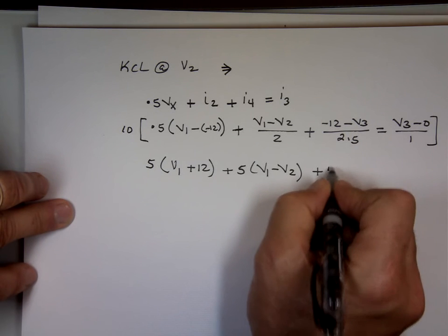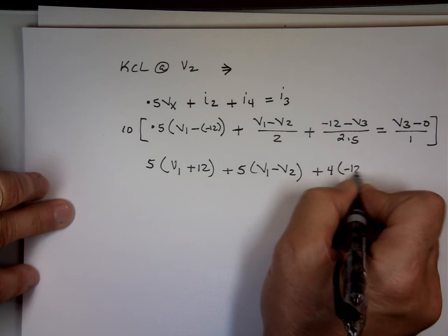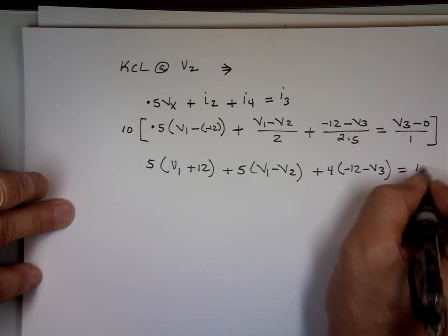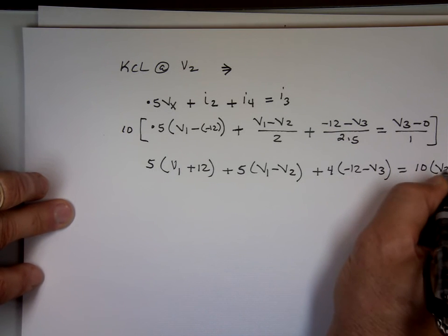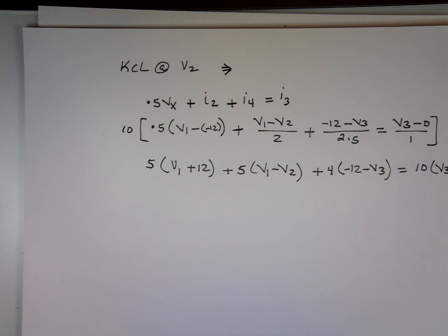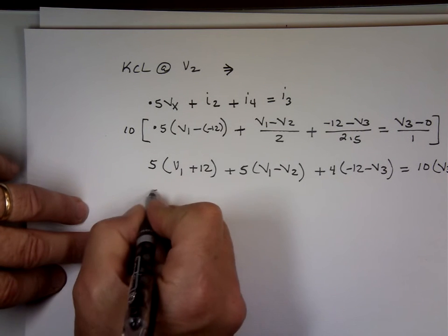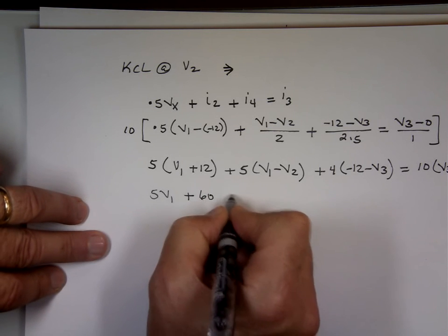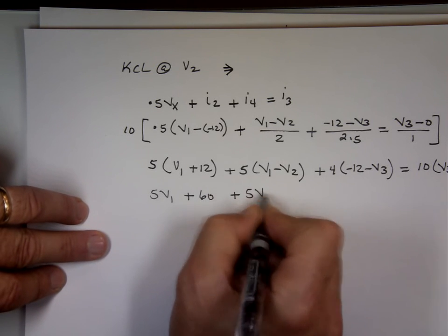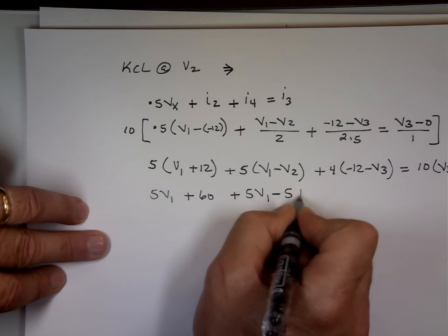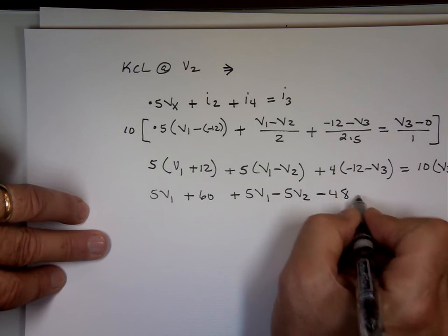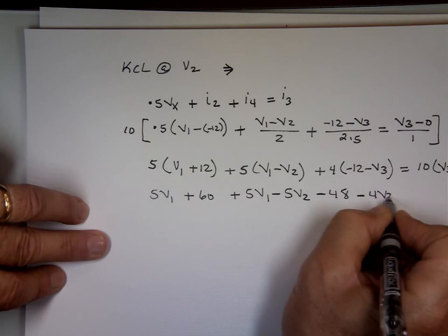Negative 12 minus V3. 10 times V3. 5V1 plus 60 plus 5V1 minus 5V2 minus 48 minus 4V3 equals 10V3.